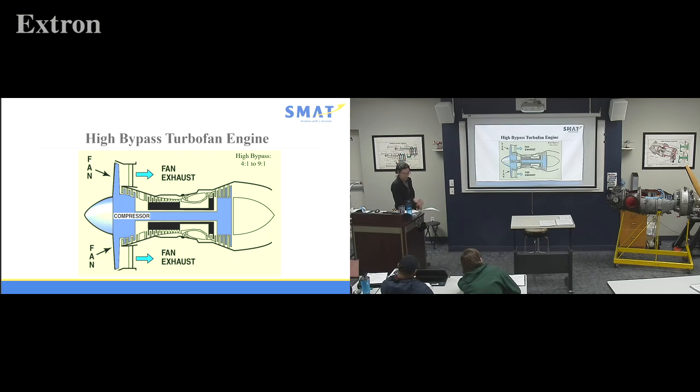Then high bypass turbofan, it has to be at least 4-to-1, but there are ones that are up to 9-to-1 on air bypassing around the core.